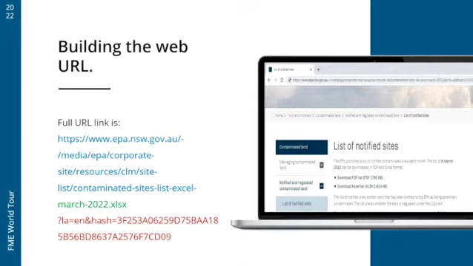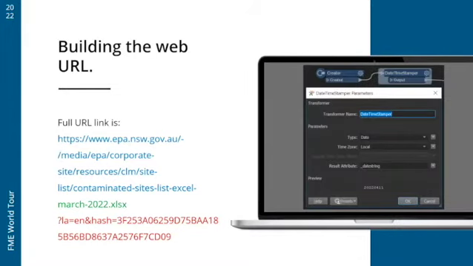So, as I said, what we want to do is effectively build our URL, and we're going to start in FME with virtually nothing. We're going to start with a creator. A creator is a great way to trigger Workbench when you don't have a reader to start reading with.